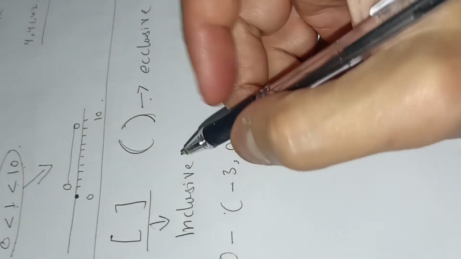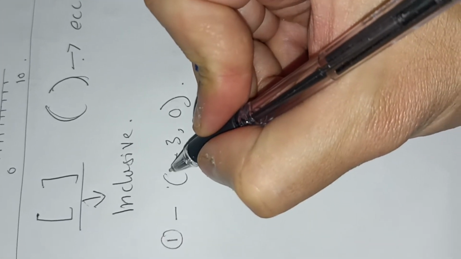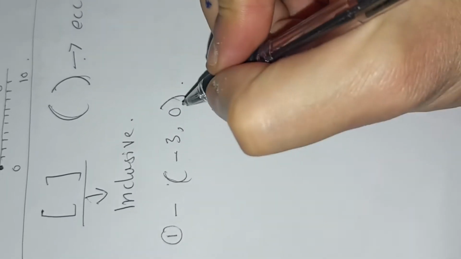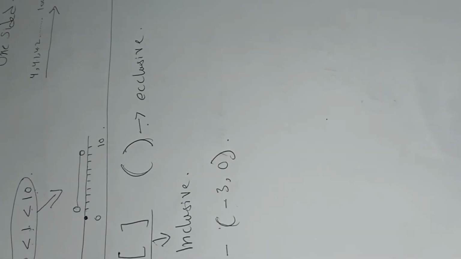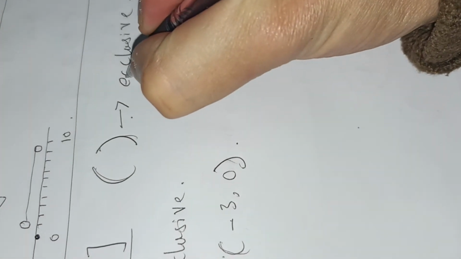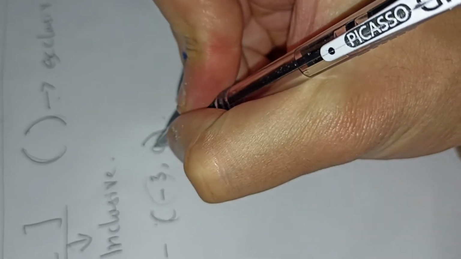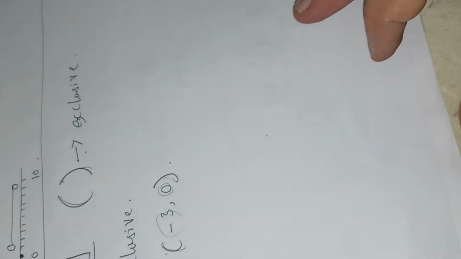Now remember that we have used these small brackets. So this means exclusive, and exclusive means here that this minus 3 and this 0 will not be included in the series.